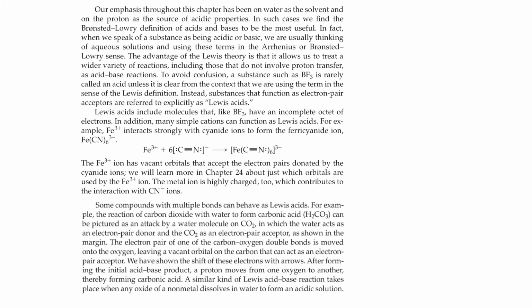The electron pair of one of the carbon-oxygen double bonds is moved onto the oxygen, leaving a vacant orbital on the carbon that can act as an electron pair acceptor. We have shown the shift of these electrons with arrows. After forming an initial acid-base product, a proton moves from one oxygen to another, therefore forming carbonic acid. A similar kind of Lewis acid-base reaction takes place when any oxide of a nonmetal dissolves in water to form an acidic solution.